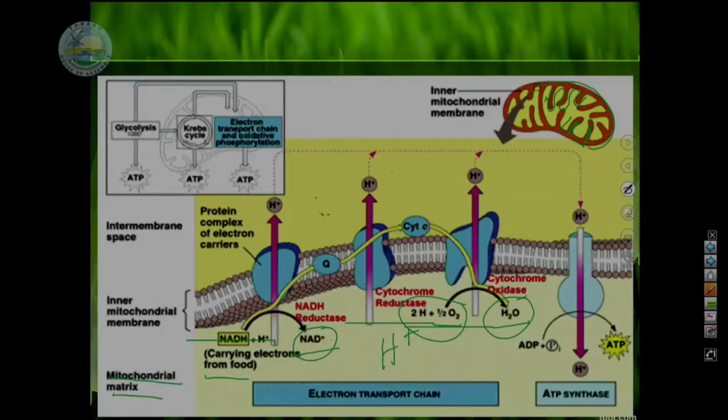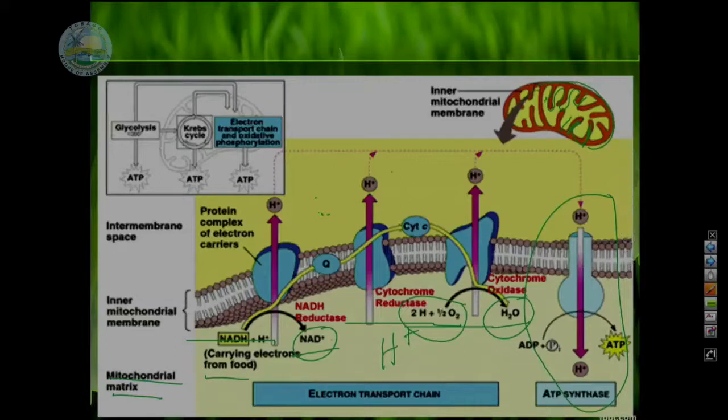Now, as the hydrogen ions move across and they build up here, the only pathway they will be able to move through to come back in is through this molecule here called ATP synthase or ATPase. It's a protein that facilitates the transfer of the hydrogen ions down an electrochemical gradient. This doesn't require energy. This is not an active process, right?